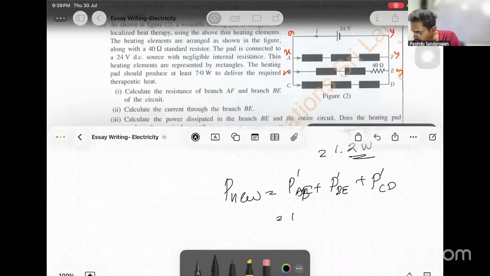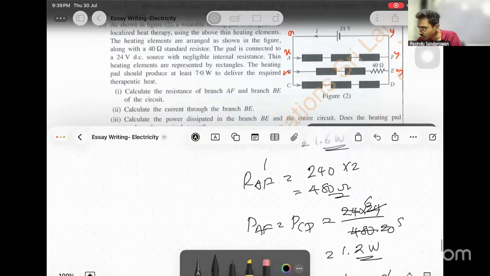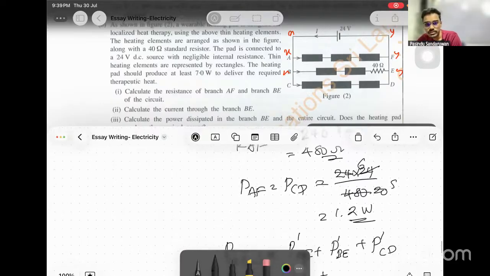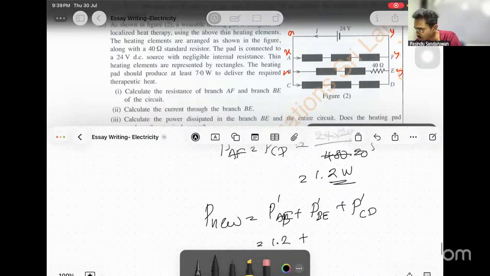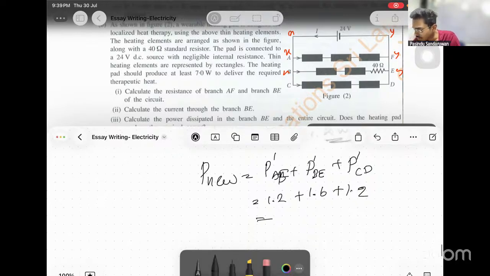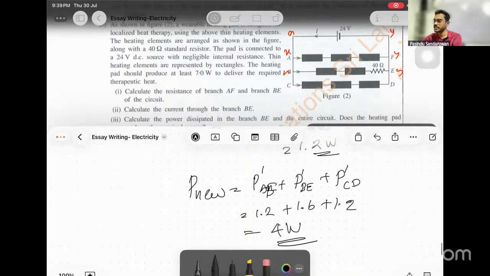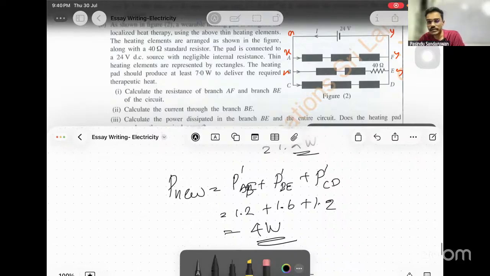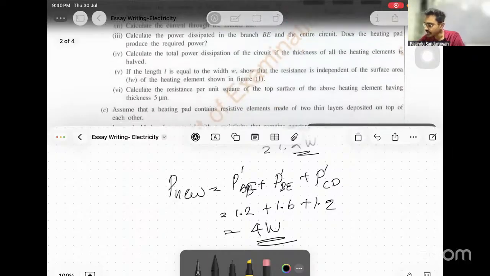AF is 1.2, BE was 1.6, and this is also 1.2. Then 1.2 plus 1.2 is 2.4, then 4. The new power of the system becomes 4 watts now. Then the fifth one.